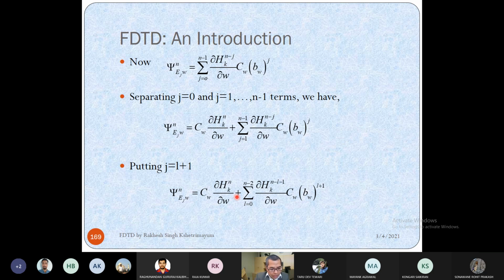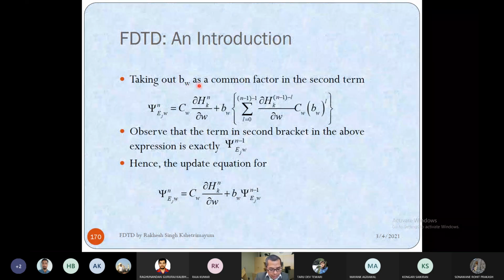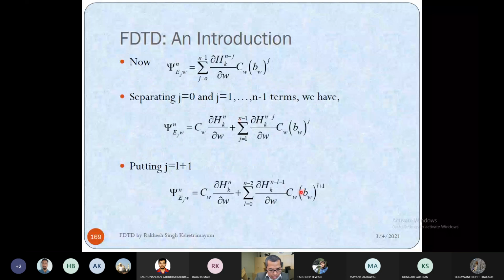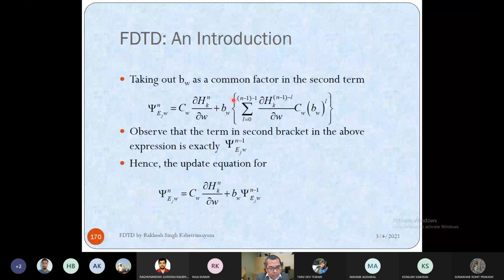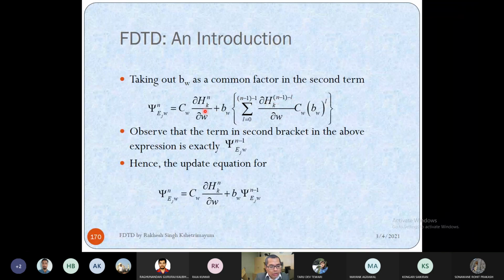Okay, so let us take out bw as a common factor in the second term. When we take out a common factor of bw, what we have is simply summation l going from 0 to n minus 2, del sk n minus 1 minus l divided by del omega, cw bw to the power l. So this is the first term, this is the second term, and looking at the term inside the second bracket, this looks exactly like psi n minus 1 ejw.